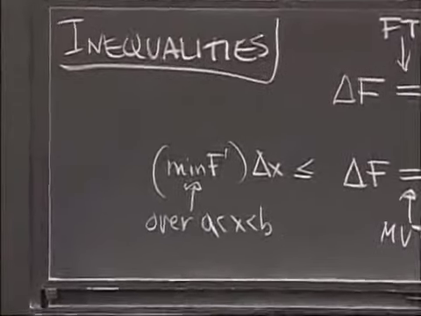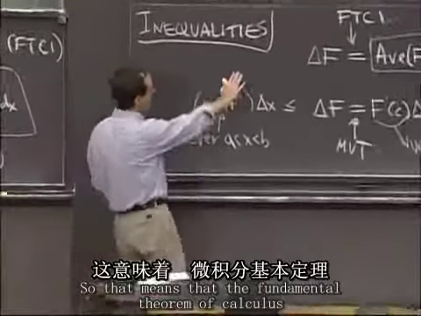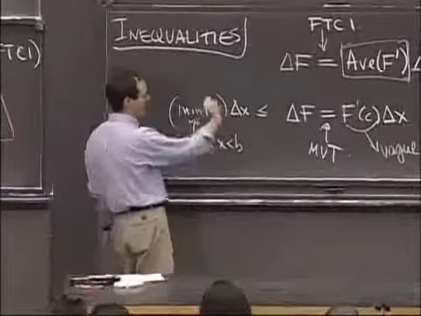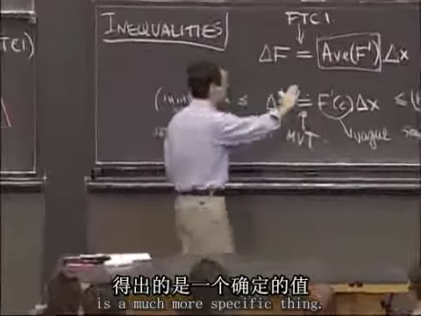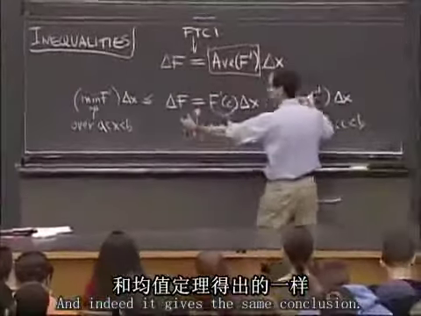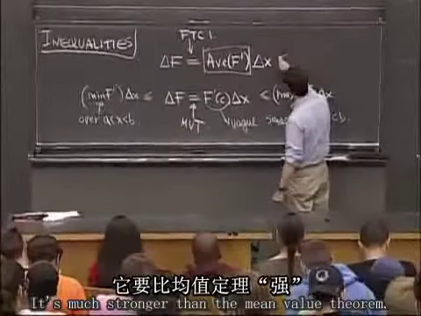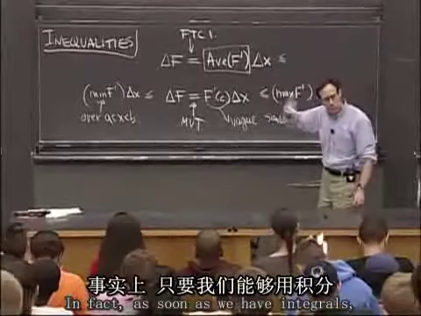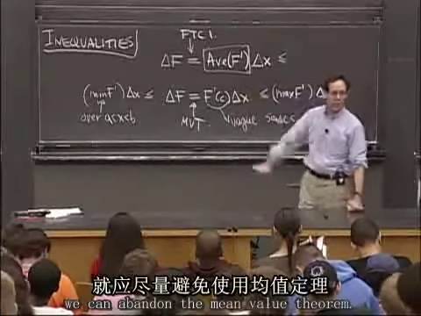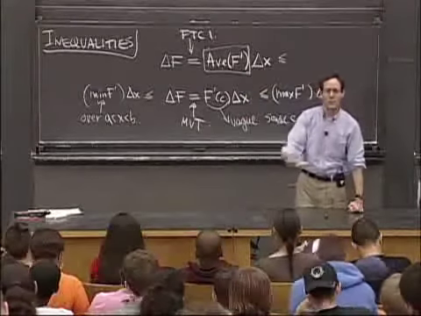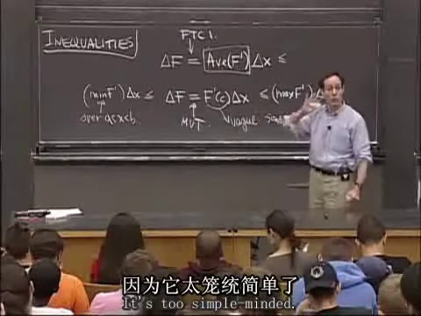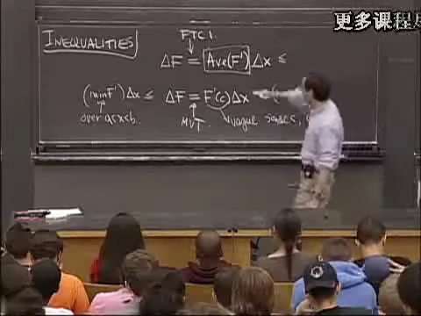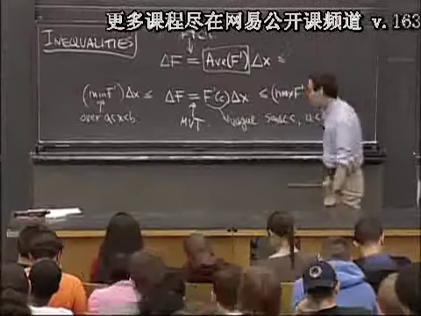So that means that the fundamental theorem of calculus is a much more specific thing. And indeed, it gives the same conclusion. It's much stronger than the mean value theorem. It's way better. In fact, as soon as we have integrals, we can abandon the mean value theorem. We don't want it. It's too simple-minded. What we have is something much more sophisticated, which we can use.